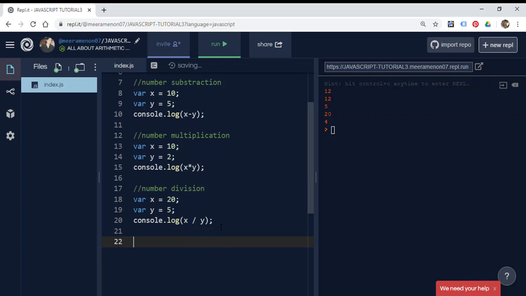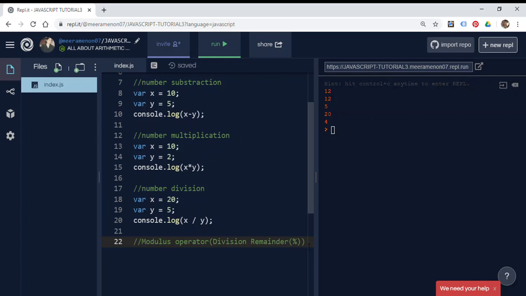Then, aside from that, you have the division remainder or modulus operator. It's called that in JavaScript. Modulus operator or division remainder, and the symbol is percentage.